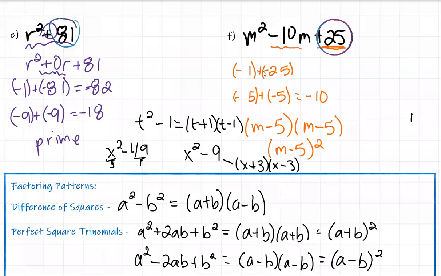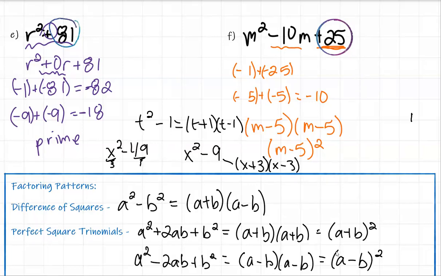Our a was m, and our b was 5. So m minus 5, m minus 5. A squared, that's m squared. 2ab, that's 2 times a, which is m, times 5, which is b. 2 times 5 is 10, times m is 10m. And then b squared is 5 squared, which is 25.